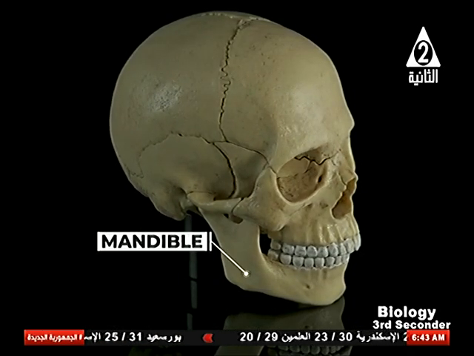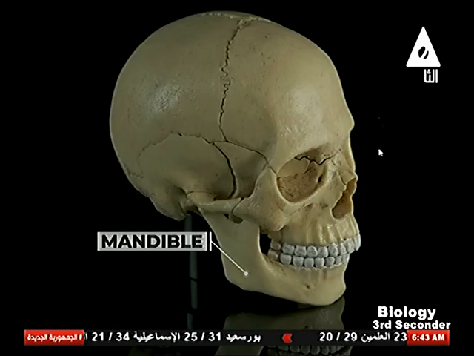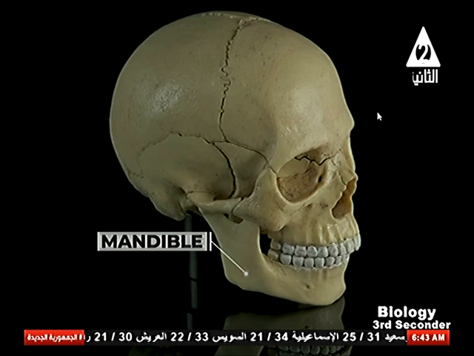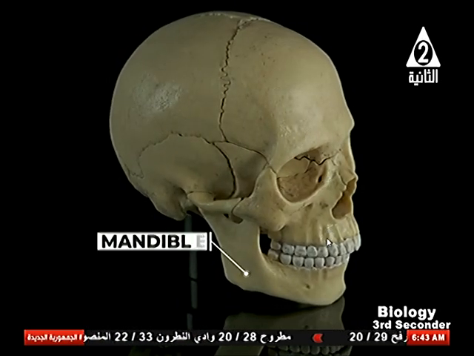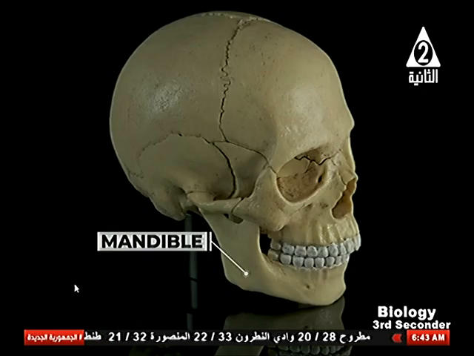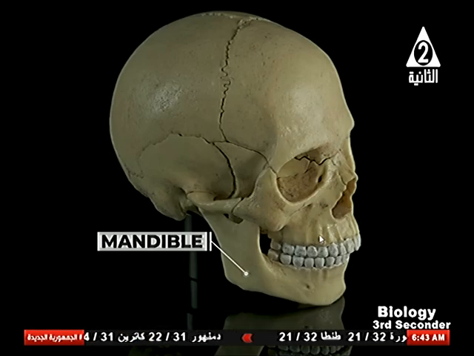Now, this is the facial or anterior part, which contains 14 bones, including the face bones and 2 movable jaws. This is the facial part of the skull. The facial part of a skull consists of 14 bones, including face bones and 2 jaws.